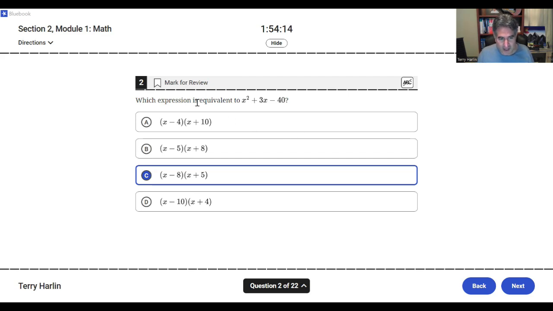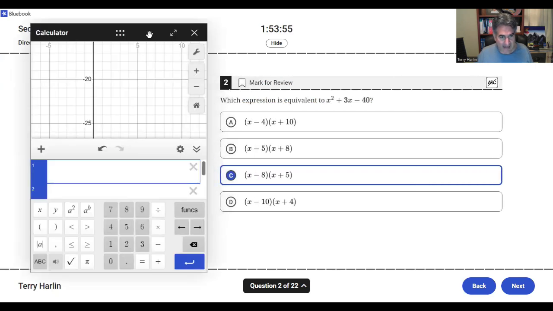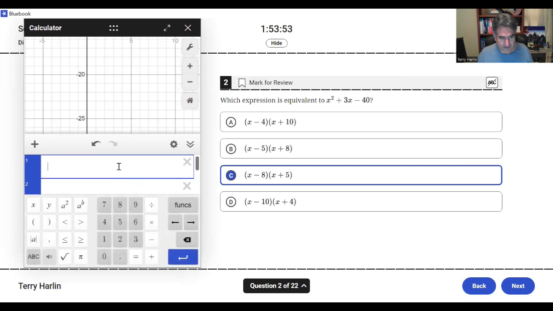Which expression is equivalent to x squared plus 3x minus 40? Okay, so there's a couple ways we can solve this, right? The easiest way to do it is factoring, but let's just look at what happens with this calculator.